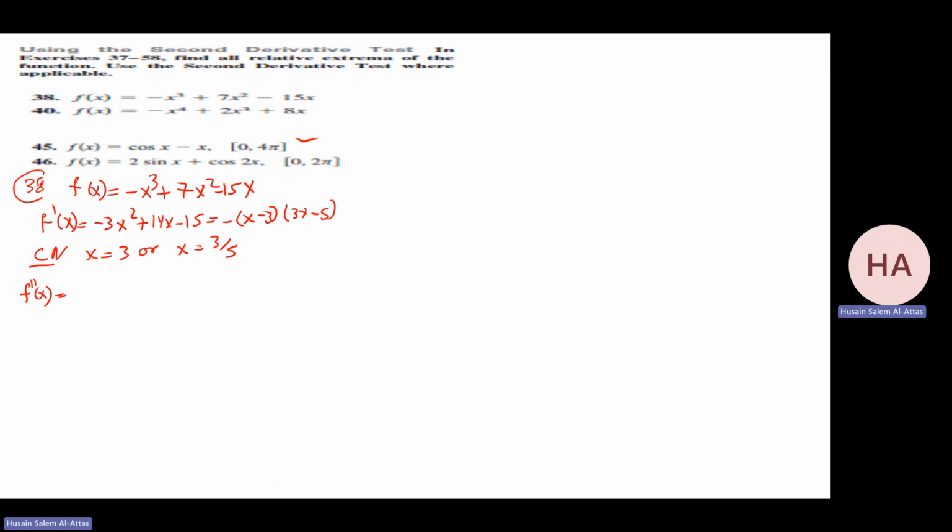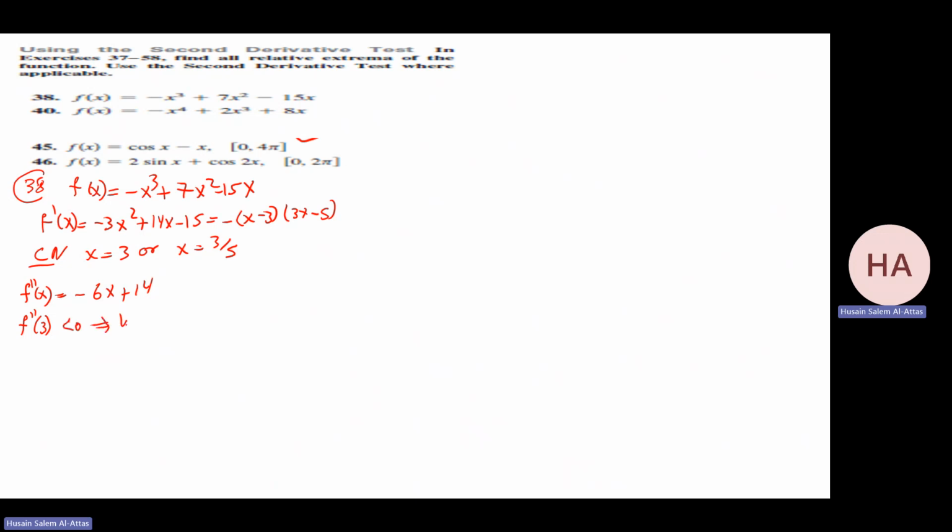Let me check f double prime. f double prime will be minus 6x plus 14. Okay. So I will check f double prime at 3. It will be negative. I care only whether it is negative or positive.